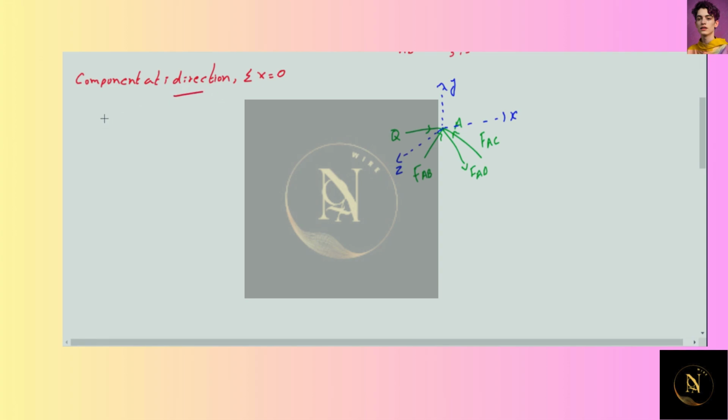So this gives us minus 0.8 divided by 5.3 times, let's take it outside, FAB and FAD both are the same, so FAB plus FAD, plus 2 by 5.2 FAC, plus the 2968 Newton.